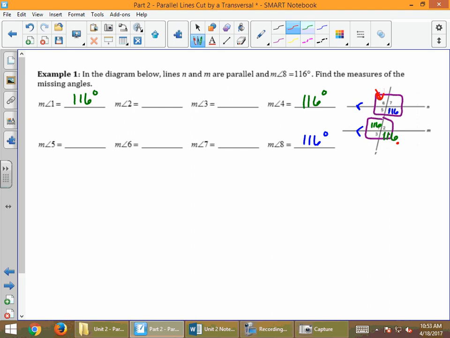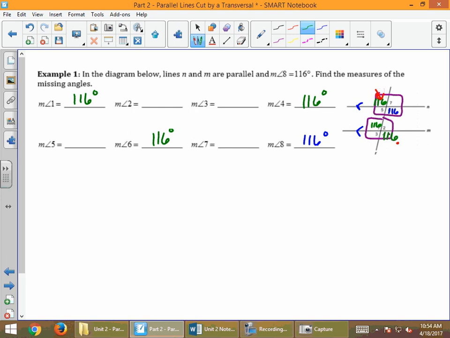You know, alternate exterior angles are the same. So angle 6 also is 116 degrees. Those are all the ones that I can find that are the same as 116 using corresponding angles, alternate interior angles, and alternate exterior angles, because those are all the same. Okay? We need to find all these other ones, 2, 3, 5, 7.